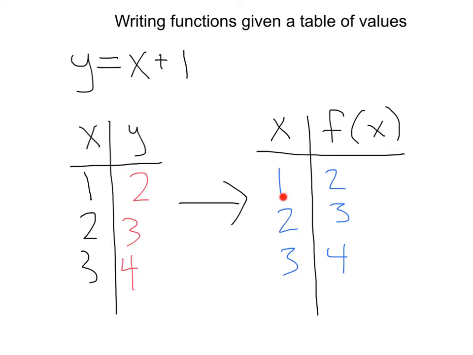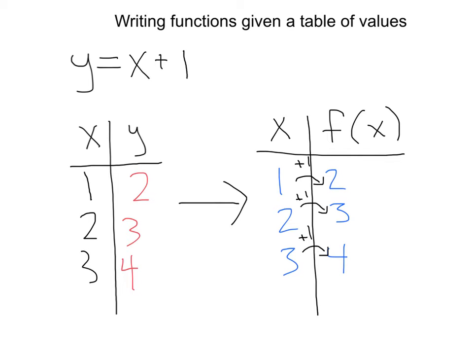We see we have the point 1, 2, we have the point 2, 3, we have the point 3, 4. And what you might notice is that each one of these is just adding 1 to the x value to give you your f of x value.